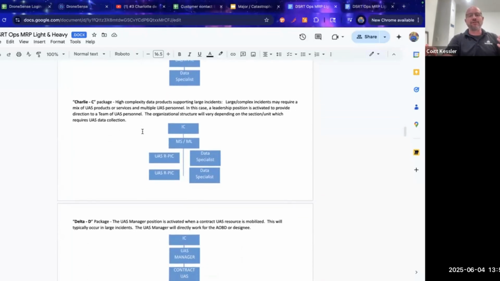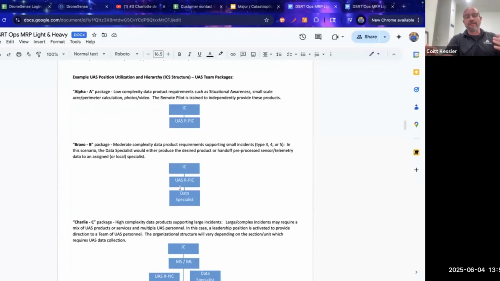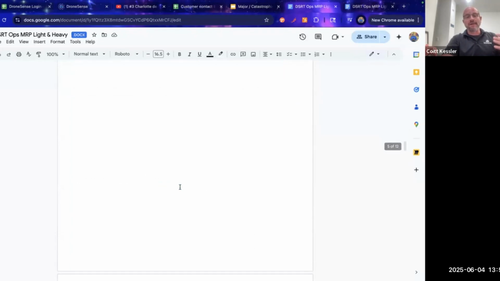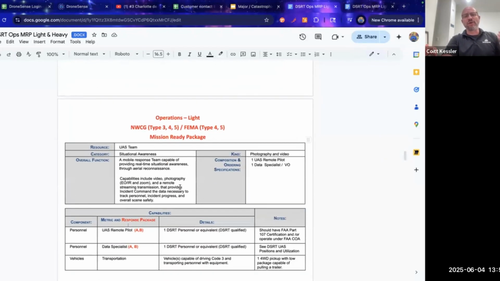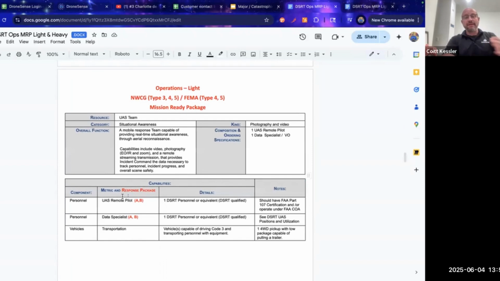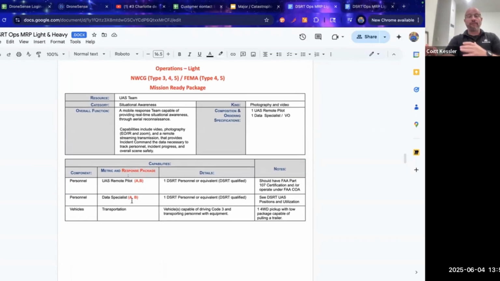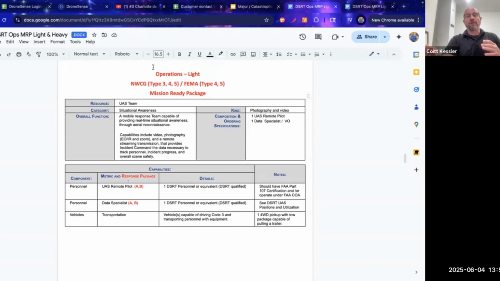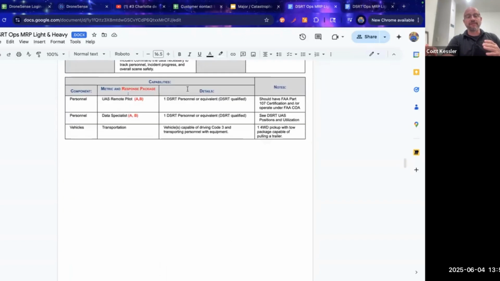It's just some basic definitions. It shows what it can look like when we scale an event, and what these different components of the team would show up for. So we're looking at different types of events.